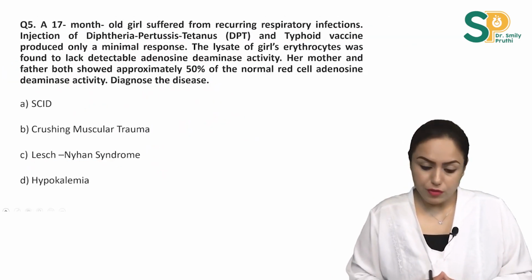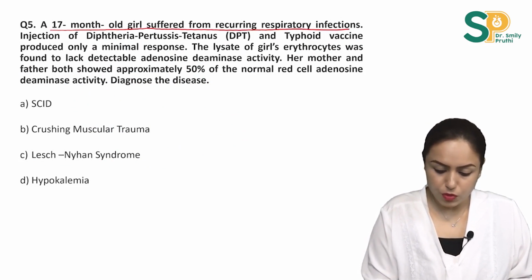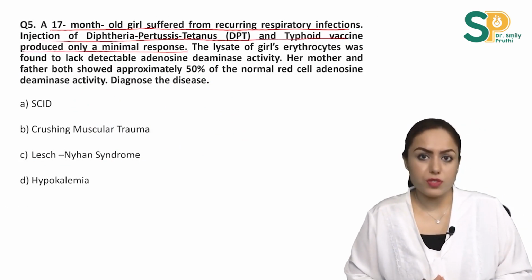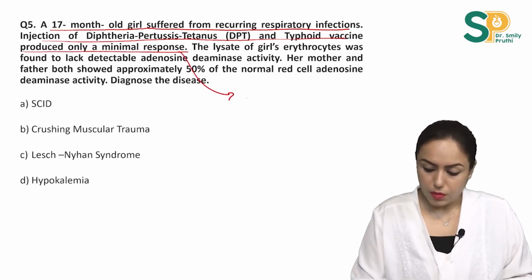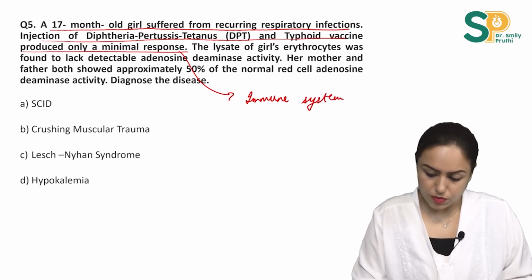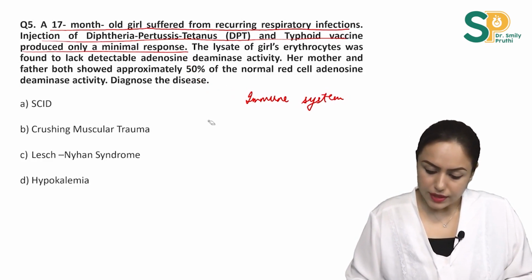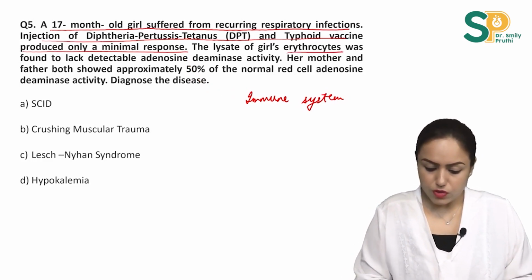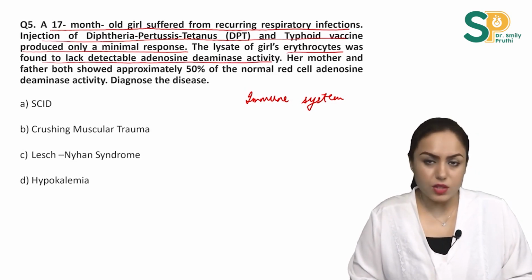Then question number 5, a 17-month-old girl suffered from recurring respiratory infections. Injection of diphtheria, pertussis, tetanus and typhoid vaccine produced only a minimal response. So when vaccination has produced minimal response, means there is some problem with the immune system, right? So less immunity, okay? Then the lysate of girls' erythrocytes was found to lack detectable adenosine deaminase activity.